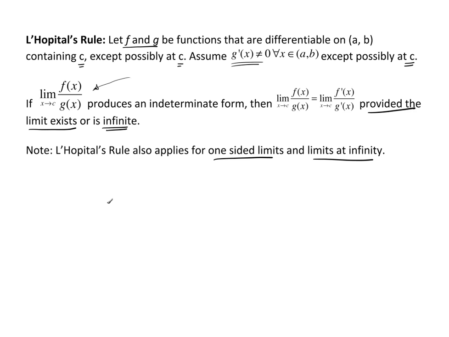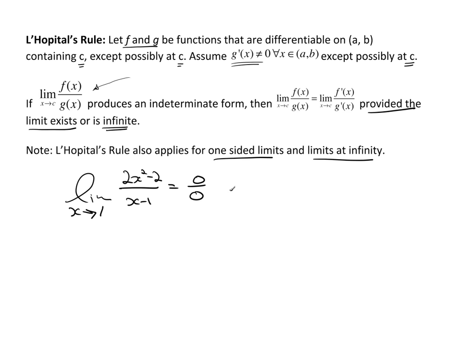So let's take a look at the example I did a few moments ago. I want to take a look at the limit as x goes to 1 of 2x squared minus 2 over x minus 1. Now, as I evaluate this at x equals 1, I end up with 0 over 0, which is an indeterminate form.